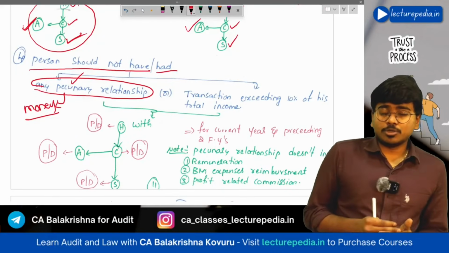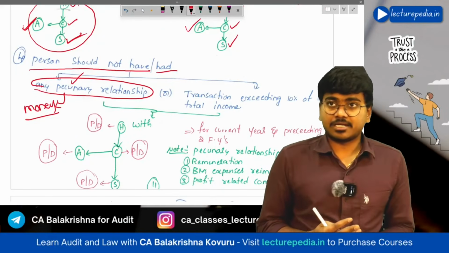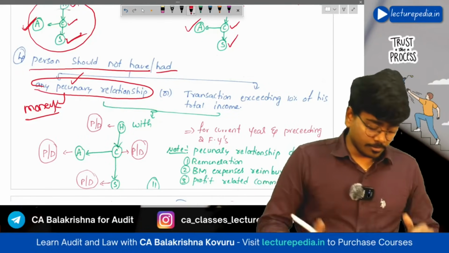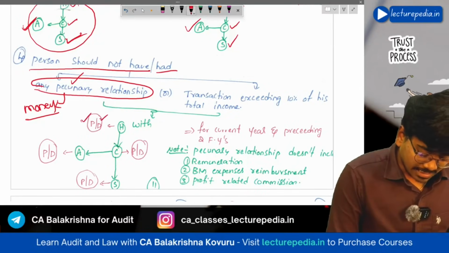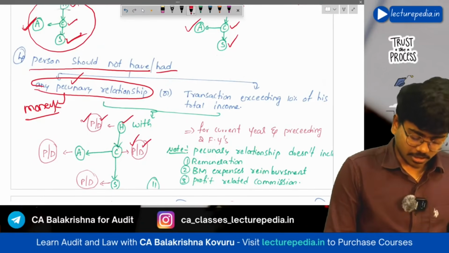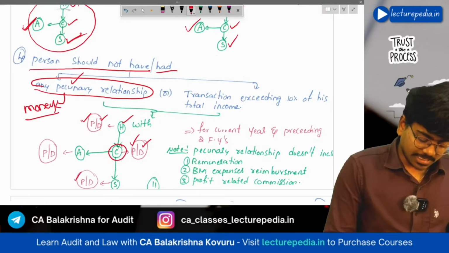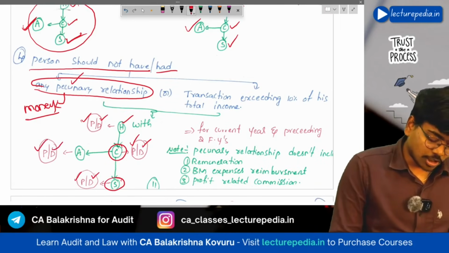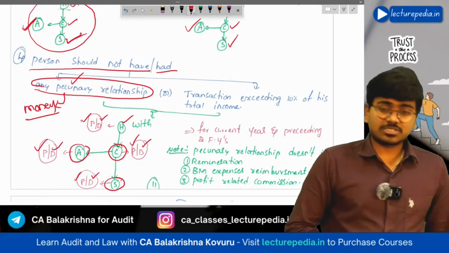So the person whom you are going to appoint as an independent director should not have any pecuniary relationship with whom? With the promoter or director of the holding company, with the promoter or director of your company, with the promoter or director of your company's subsidiary company, with the promoter or director of your company's associate company.